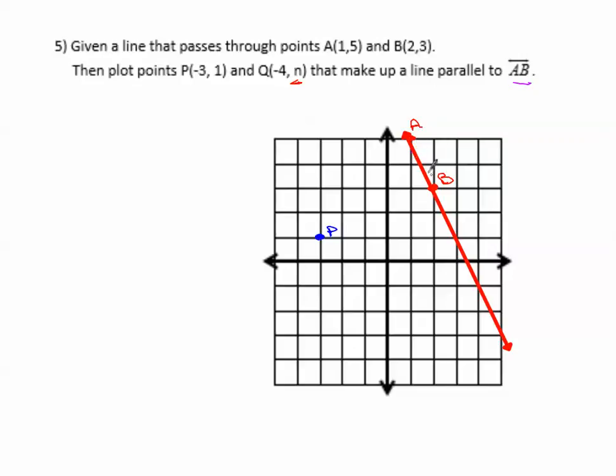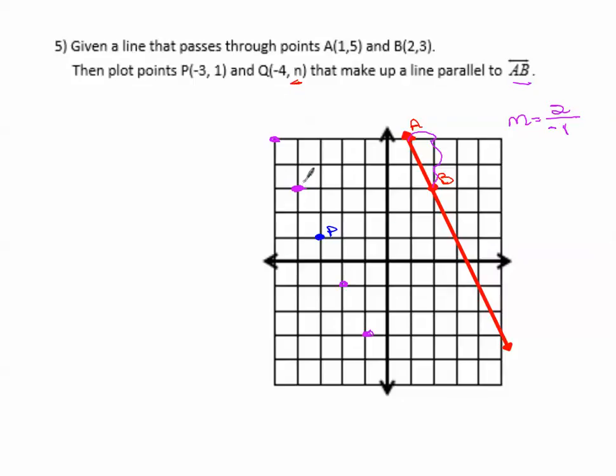To find the slope, I pick 2 clear points, I'm just going to use A and B, and I travel up 2, left 1. I can do the same thing here, up 2, left 1. I can go the other way and keep going. The most important thing I see is the point on this line that has an x coordinate of -4.